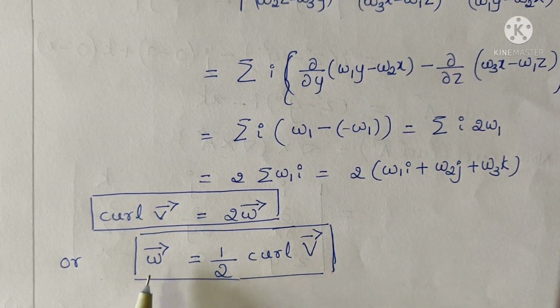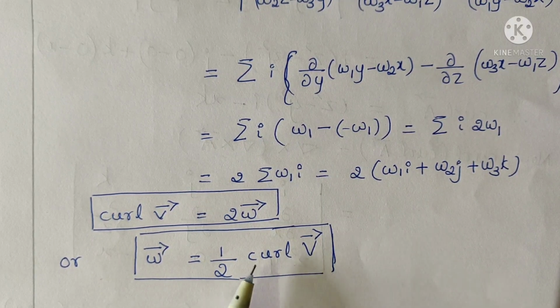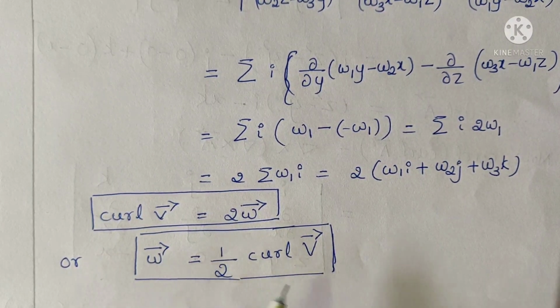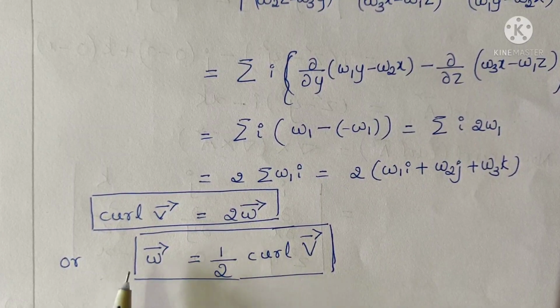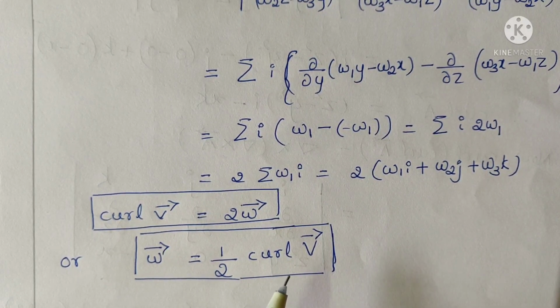So the angular velocity of any rigid body is half of the curl of its linear velocity. That is what this equation indicates: when a rigid body is in motion, the angular velocity is equal to half of the curl of its linear velocity at any point.